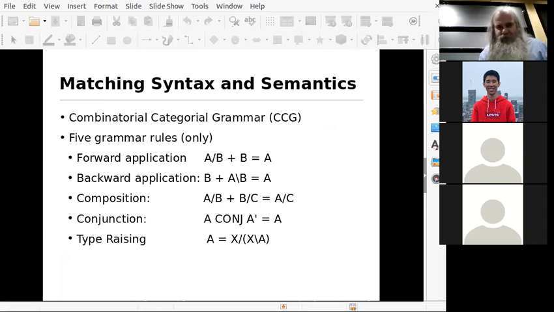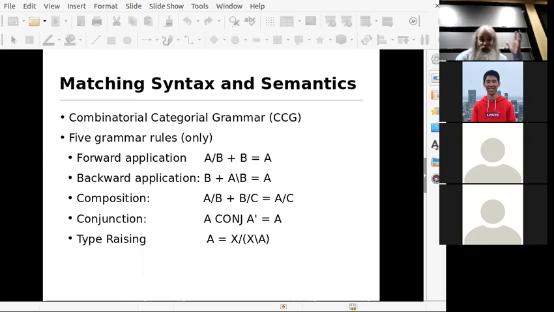Remember in the syntax lecture, when I was talking about other interesting parsing techniques, I told you about combinatory categorial grammar, CCG, and how cool it was from a syntactic point of view, because it has 5 and only 5 rules, and it covers everything in English. I think everything in every language, but definitely everything in English and probably most languages.